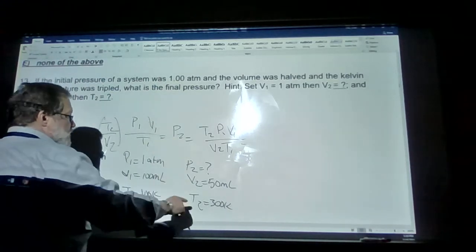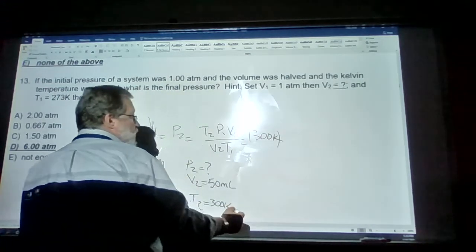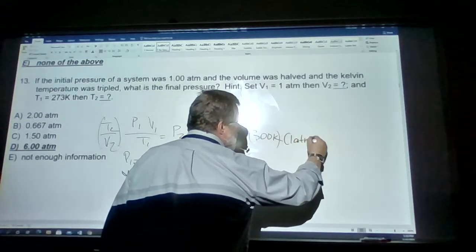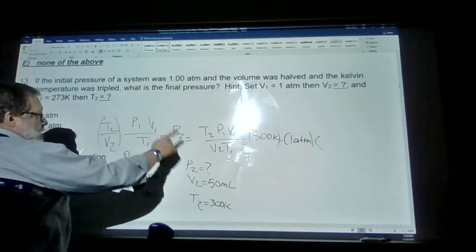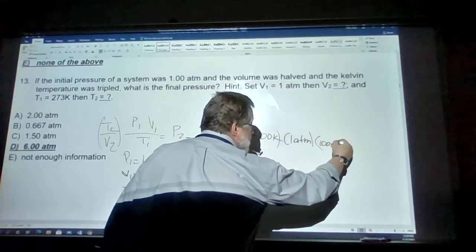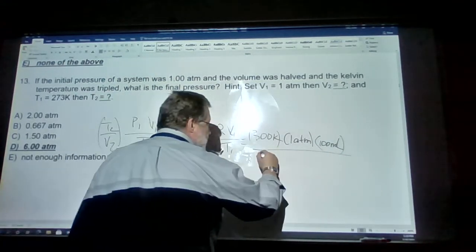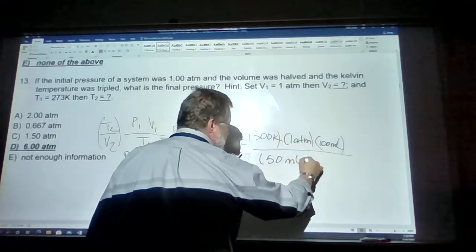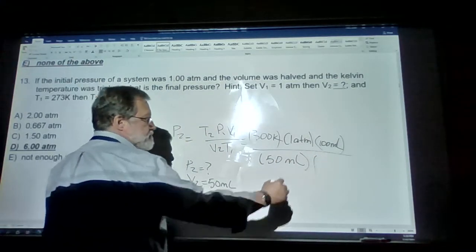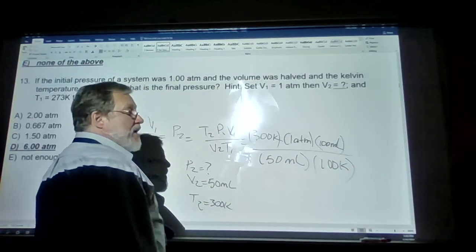So P2 is equal to T2, which is 300 Kelvin, P1, 1 atm, V1, 100 ml, divided by V2, which is 50, T1, 100 K. Let's look at our units.